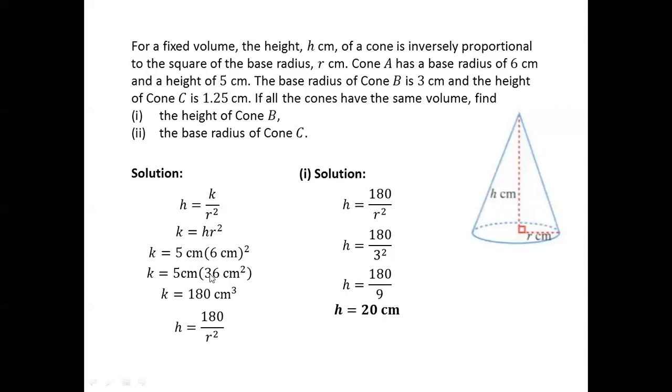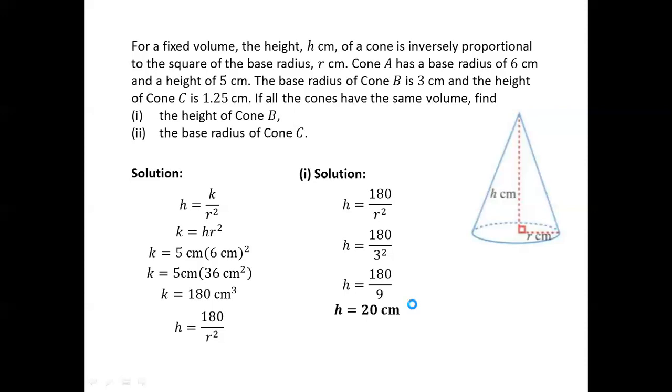So 36 became 9. There was a decrease in the value of R squared. That means we should expect the value of the height to increase. The height for cone A is 5 centimeters and the height for cone B is 20 centimeters, which is consistent with the inverse proportionality concept.